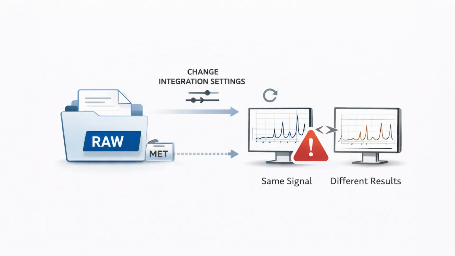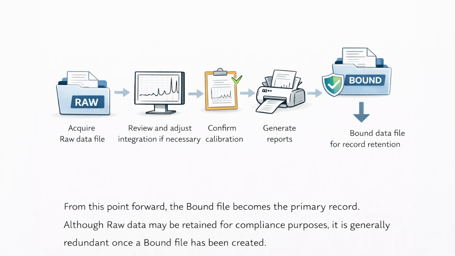This illustrates the inherent limitation of raw data files. If you change integration settings in the method file and reprocess a raw file, the results will change. The underlying signal remains the same, but the interpretation changes. A typical workflow is straightforward. Acquire a raw data file. A corresponding bound file is automatically created.